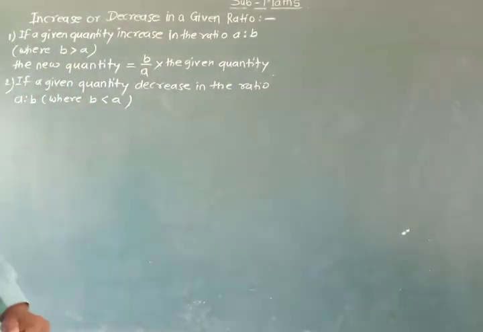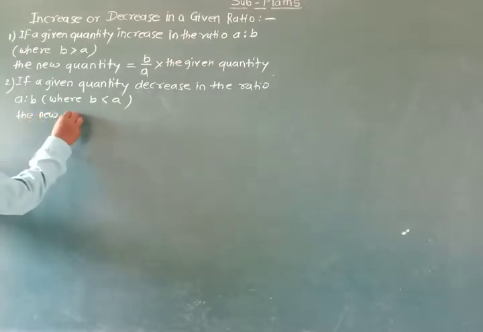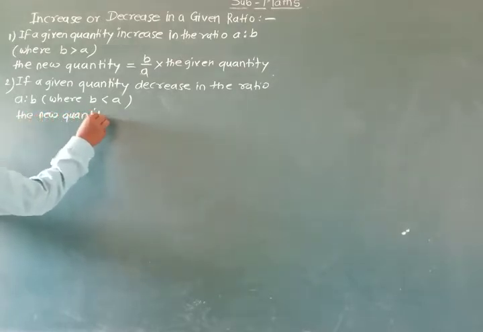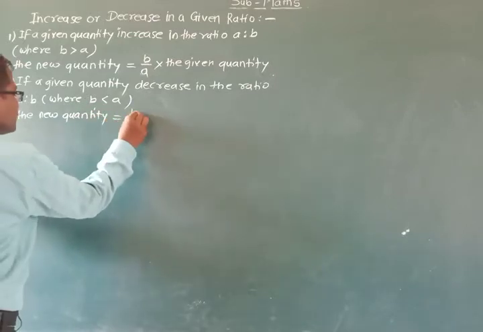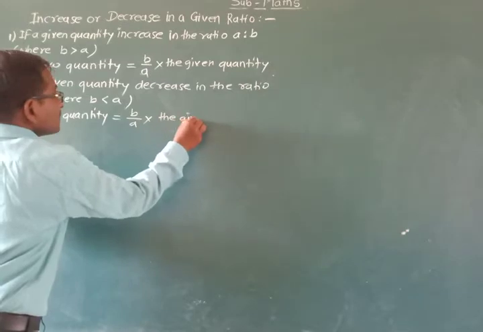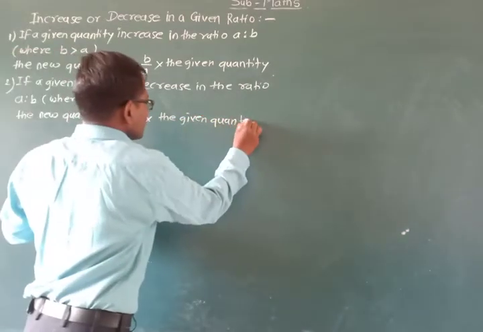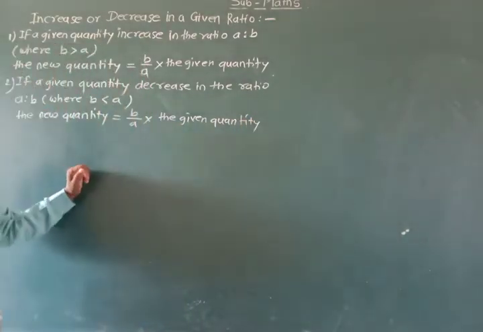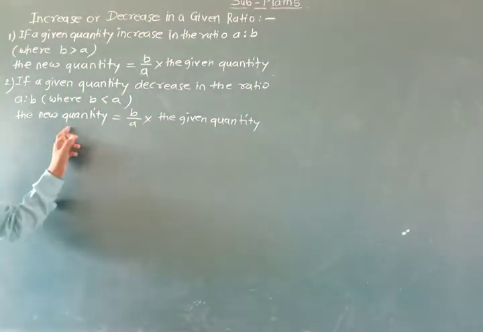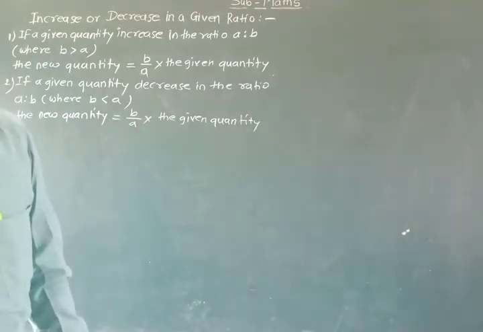So here the new quantity means the decreased quantity. The new quantity is equal to B upon A multiplied by the given quantity.